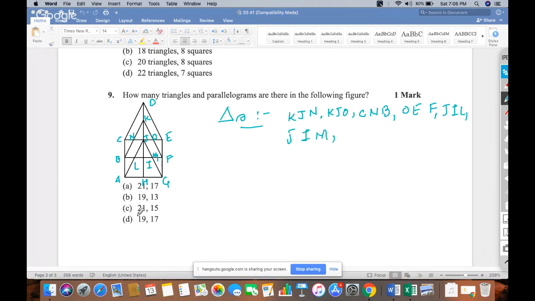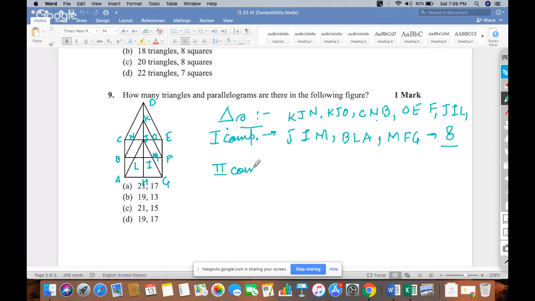And after JIL and JIM, you have smaller ones, BLA, similar to CNB and OEF, and MFG. So how many of them did I get? I got 8 of them. So these were triangles from a single component.